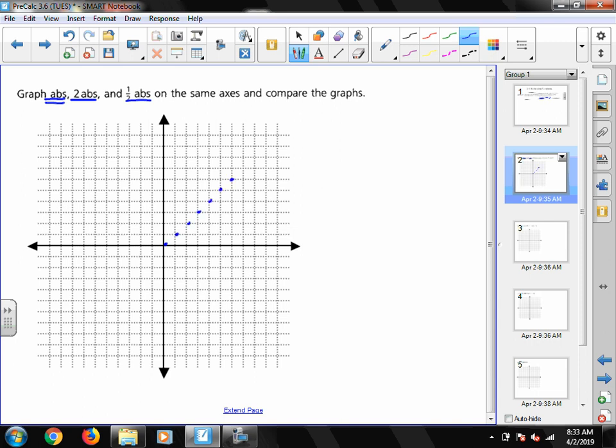If not, you can always make your XY chart and you can get your values for that. But you've got a V shape here, and it's going to be right through 0, 0, going up on the y. Okay, so right here I have y is equal to the absolute value of x.